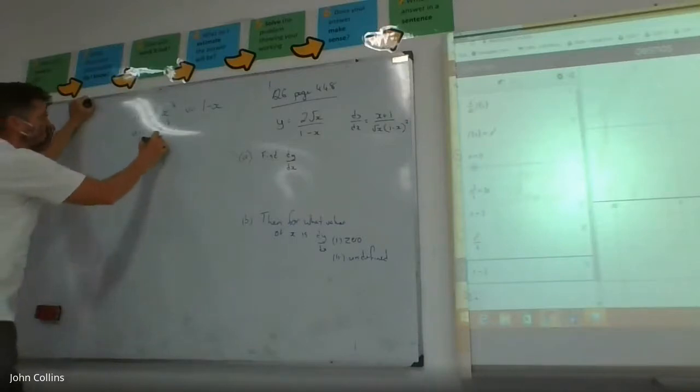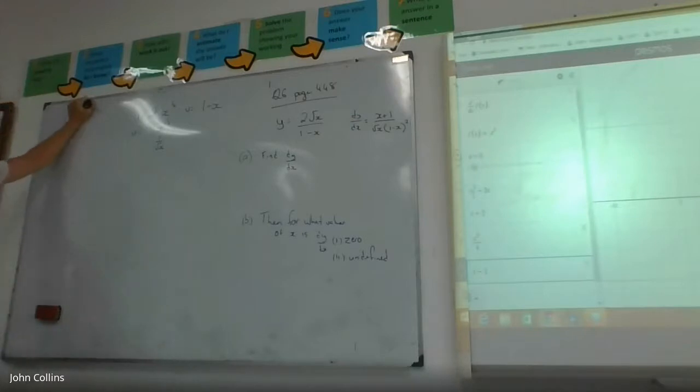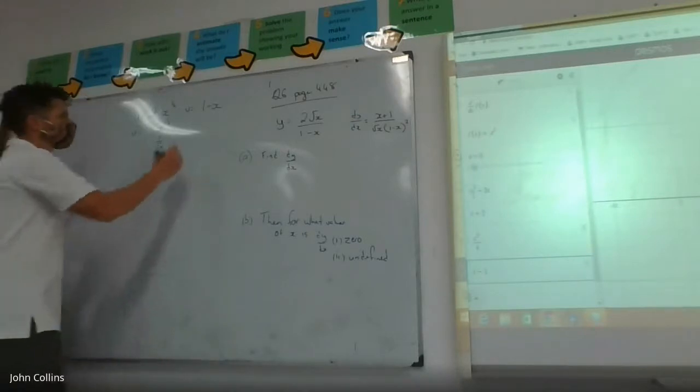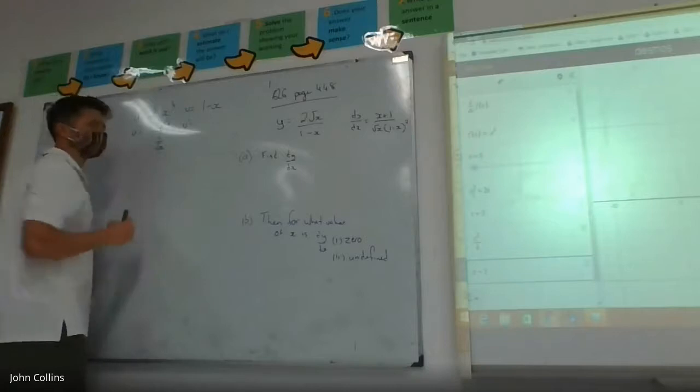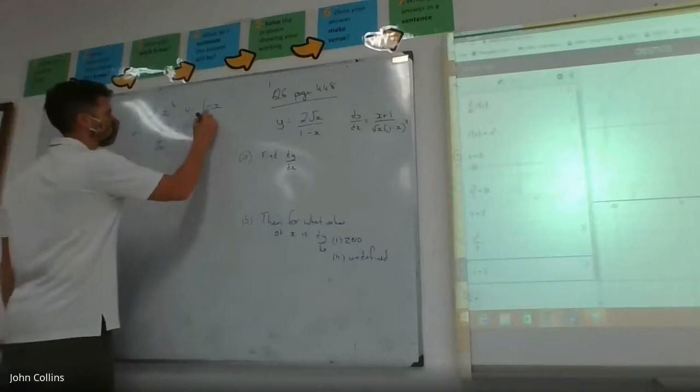Perhaps you could write that as 1 over the square root of x. What's the derivative of v, Vijay? Of v? Yeah. Negative 1.